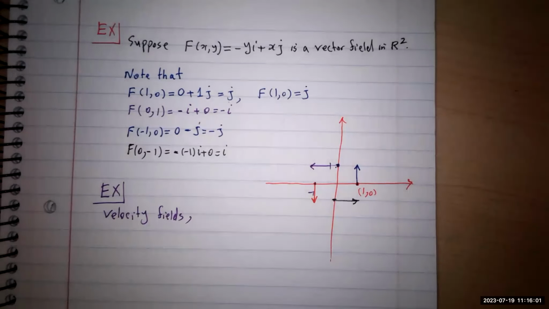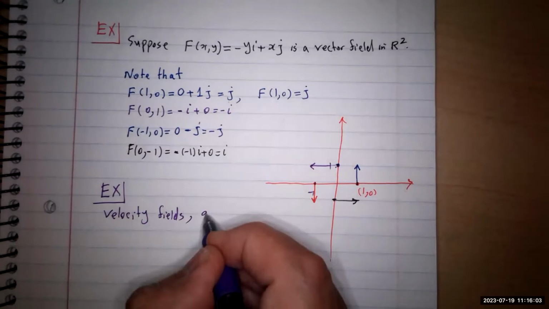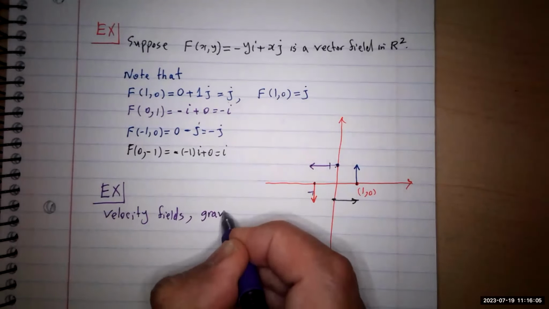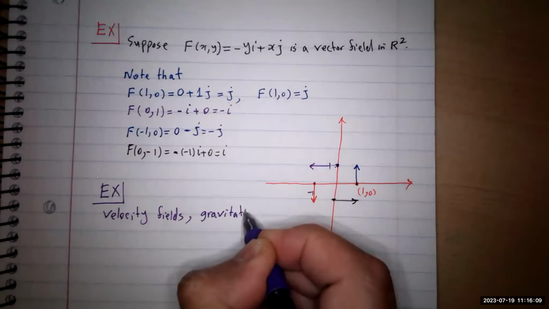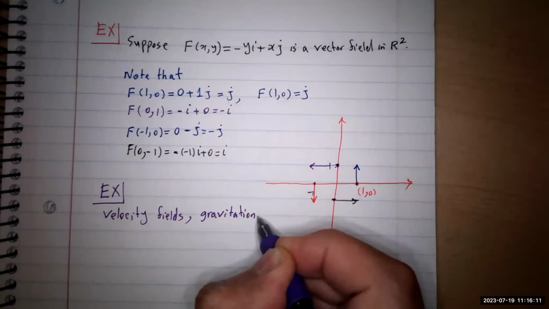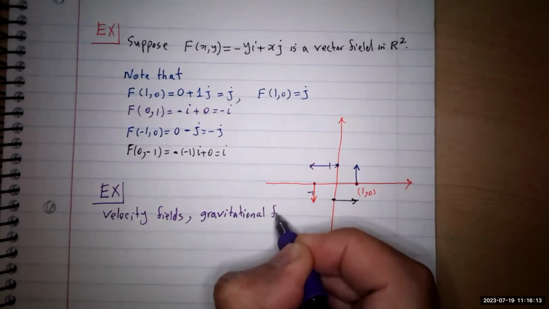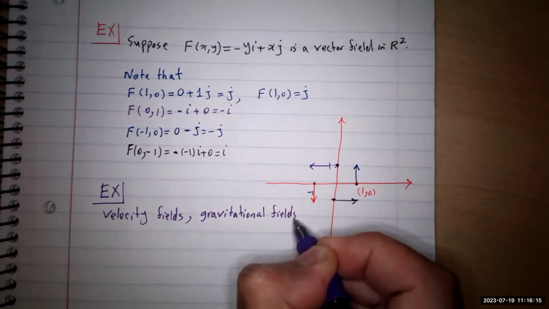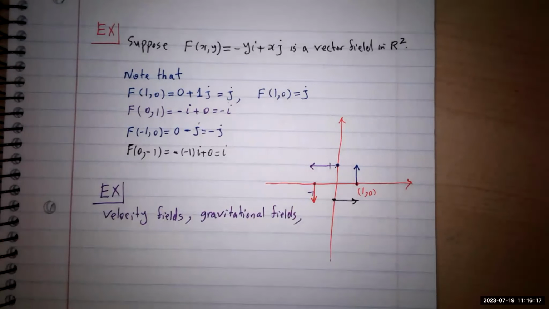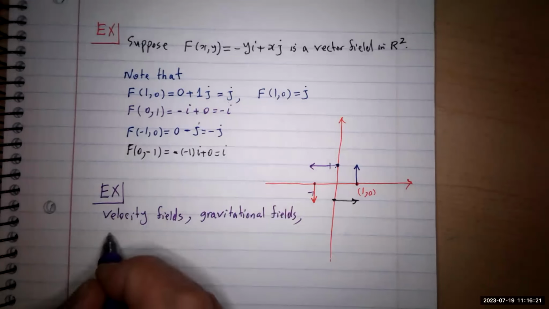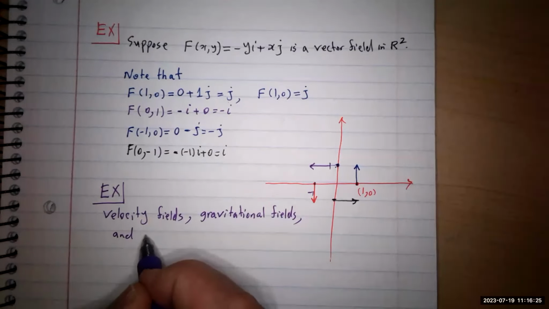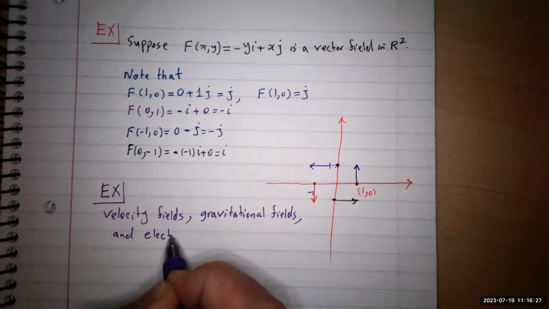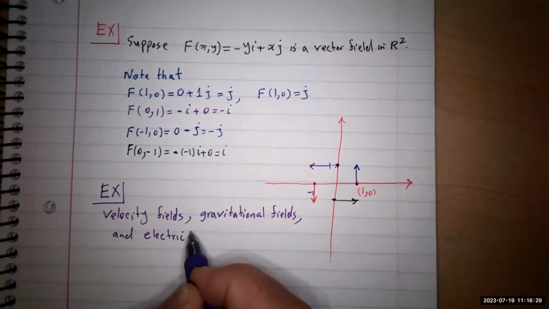The other one is the gravitational one, gravity. Gravitational fields are very popular. And the last one that we consider is going to be electrical fields, the electric force field.